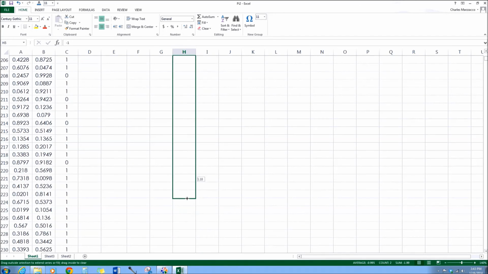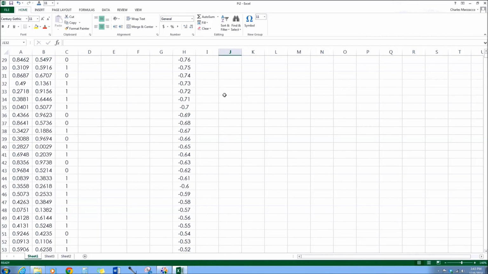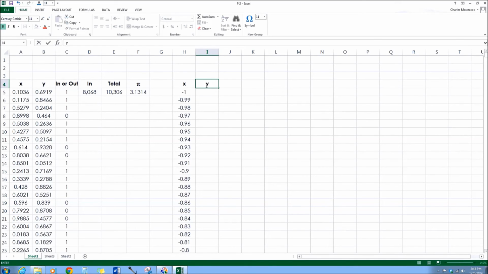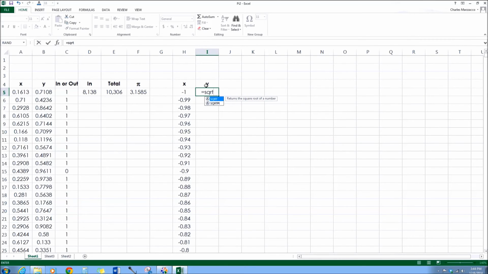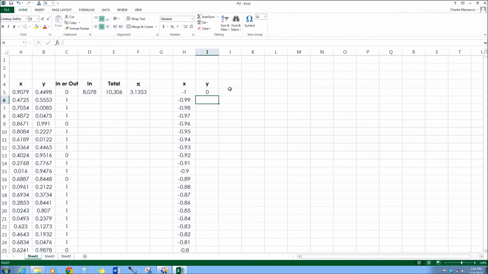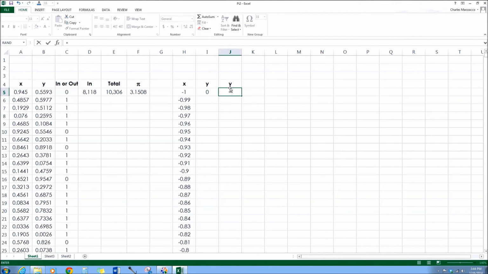If x squared plus y squared equals 1 squared, then y equals the square root of 1 minus x squared, and y would also equal minus the square root of 1 minus x squared.